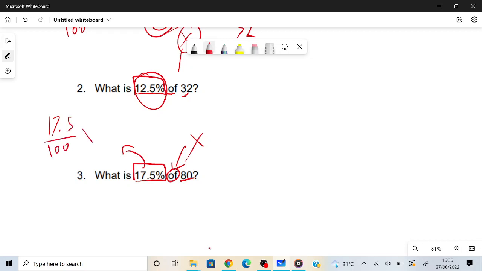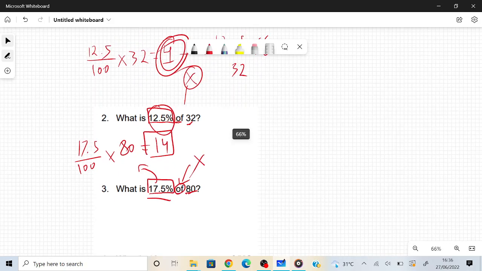Then you times it by the number that they've given, that's 80. And all you have to do is simply put this in your calculator, plug in your values. 17.5 over 100, sorry, times 80, and that is 14. So 14 is 17.5% of 80.